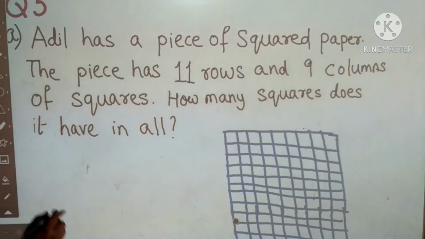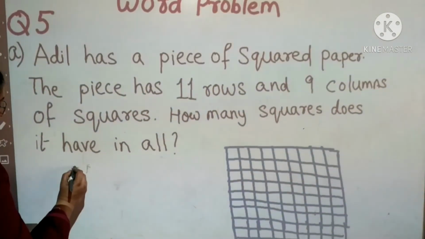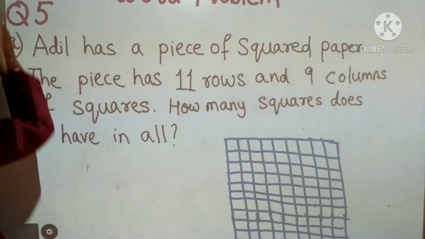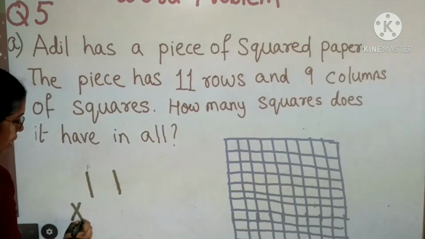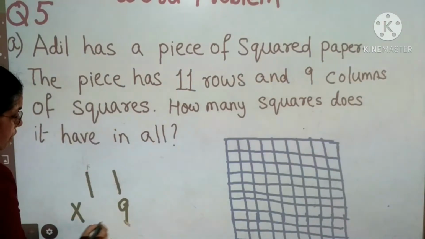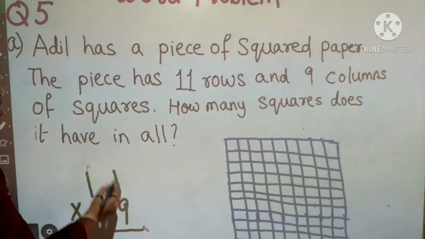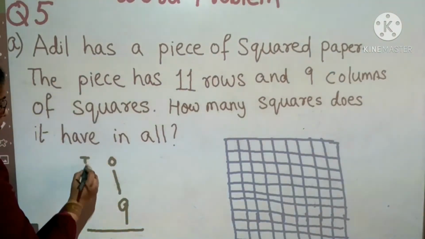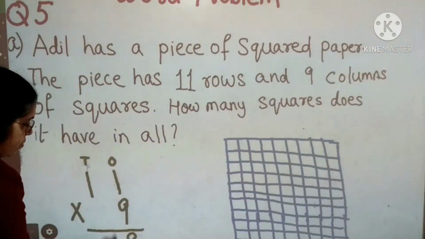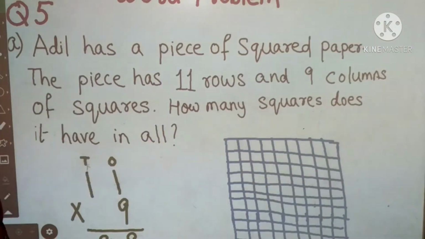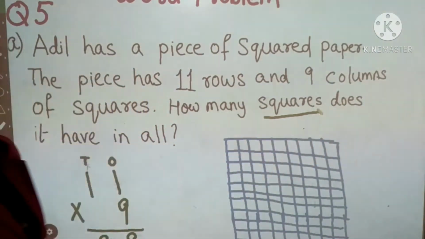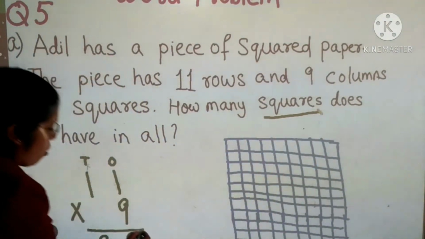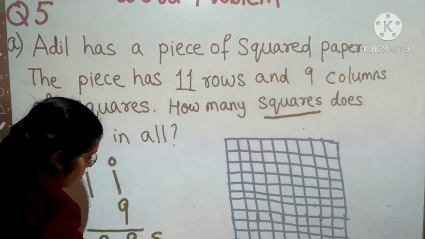So, multiply 11 by 9. 9 ones are 9. 9 ones are 9. 99, and how many? How many squares? Squares have in all. You have to write squares. 99 squares.